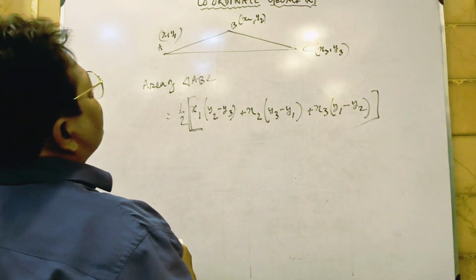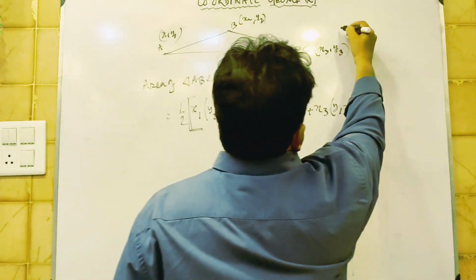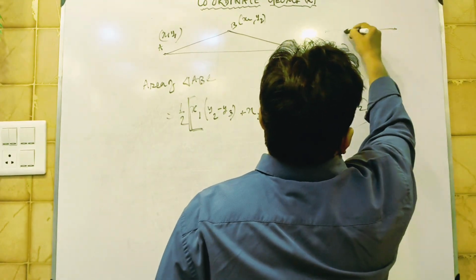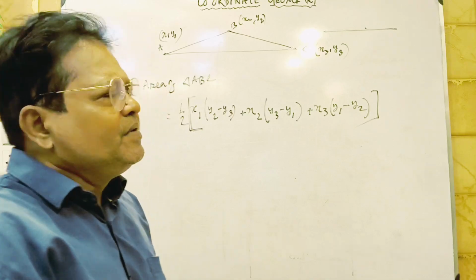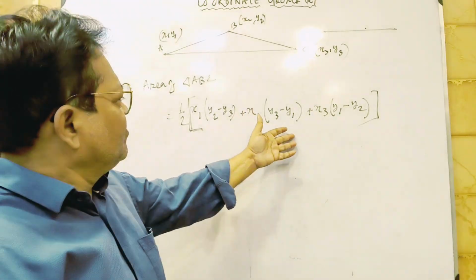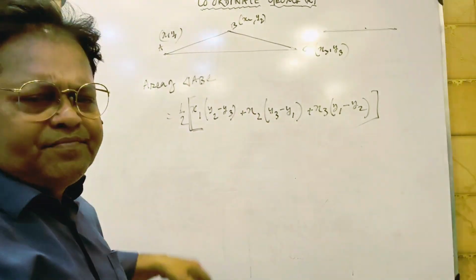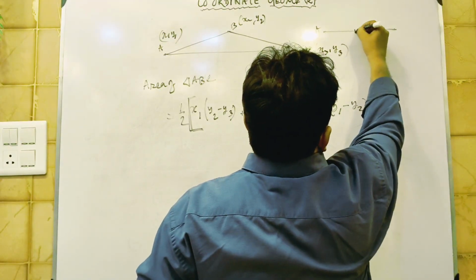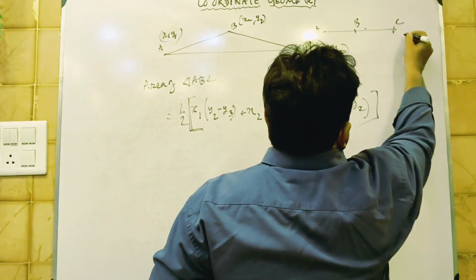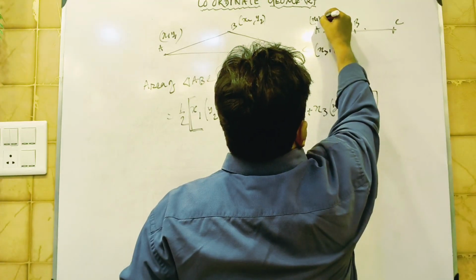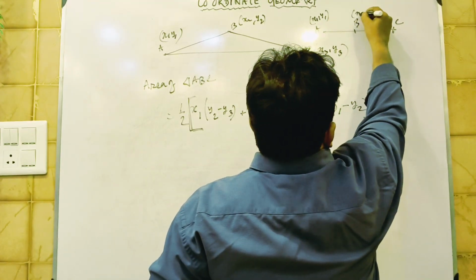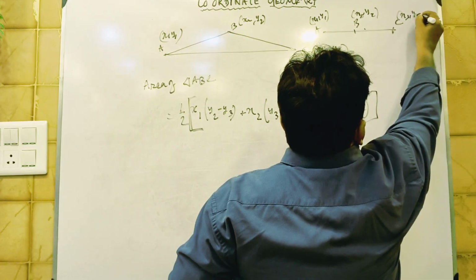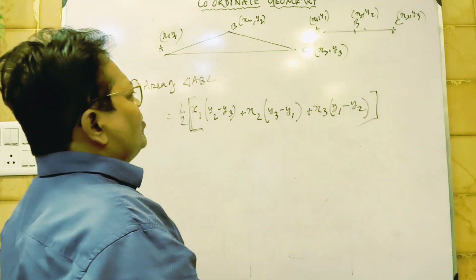But if these 3 points are collinear, then what will happen? If 3 points are collinear, no triangle is formed, so the area will be 0. Suppose this point is A, this is B, this is C, with coordinates x1, y1, x2, y2, x3, y3; you will see that the area will be 0.